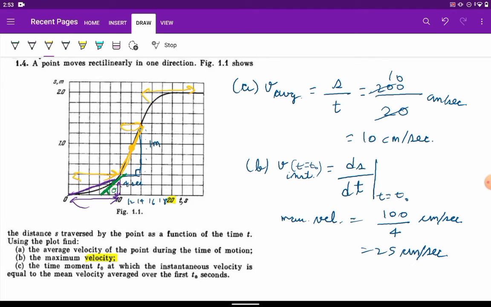Now we can only hope that somewhere in this last part the tangent passes through the origin. From 14 itself the slope starts to decrease. 14 can't be the point because it's the linear part.